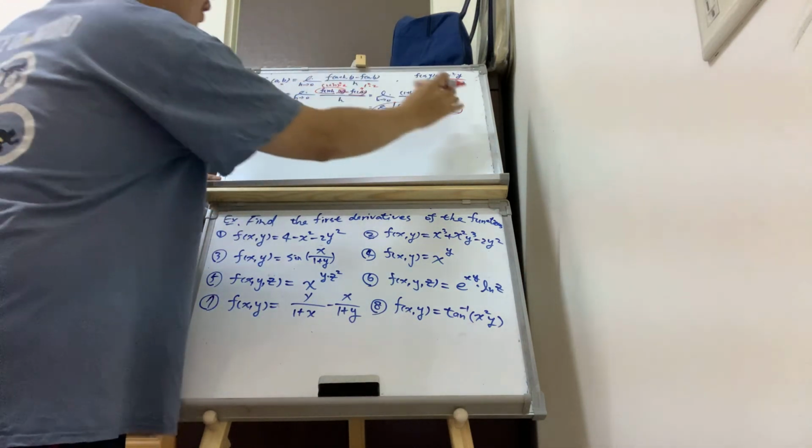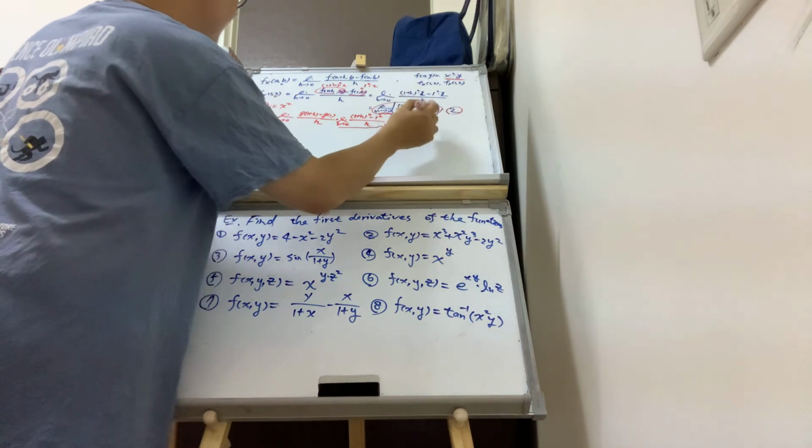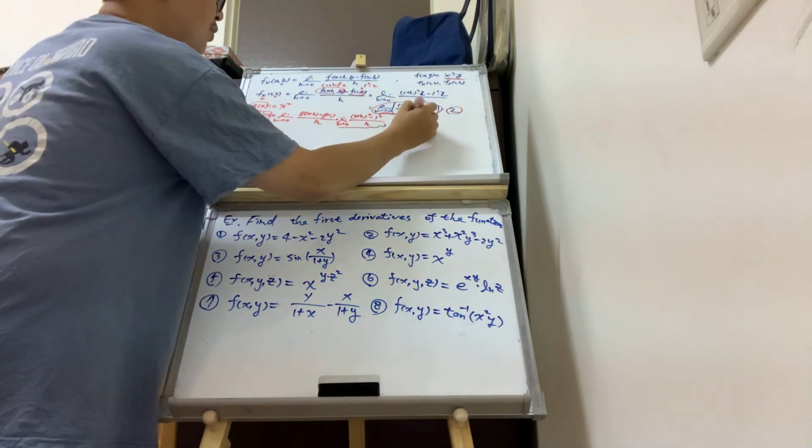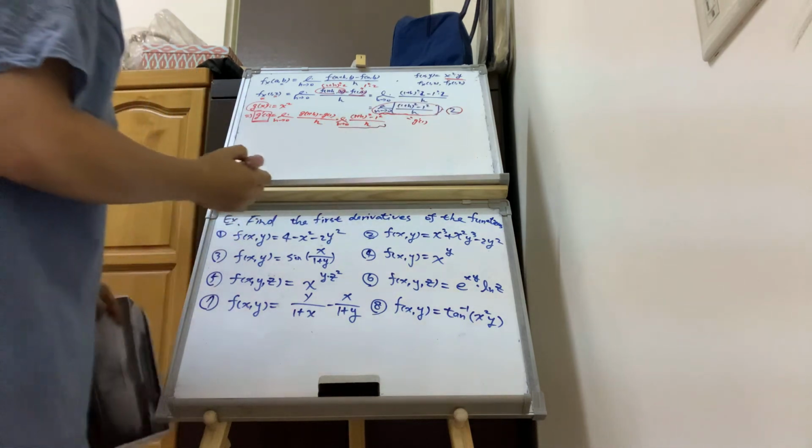So you could take out a common number, but this term is exactly g prime 1, right?